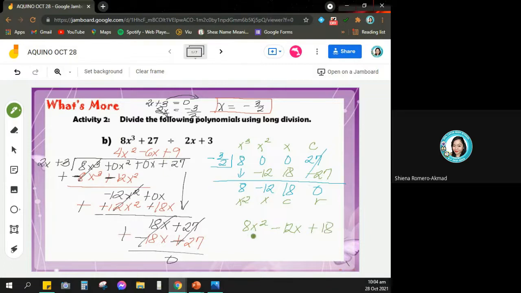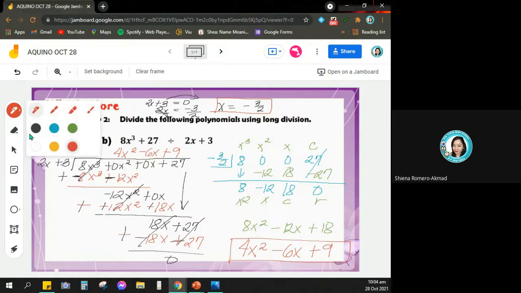Pero, ilo-lowest term pa natin yan kasi they are all divisible by 2. So, pag nilowest term ko na yan, we have 4x squared minus 6x plus 9. Okay? So, these are two different solutions. Kung mapapansin po ninyo, different solutions siya, pero they got the same answer.